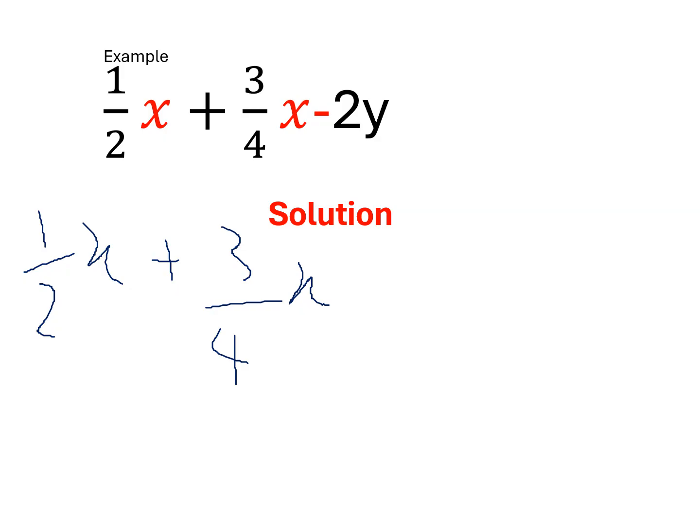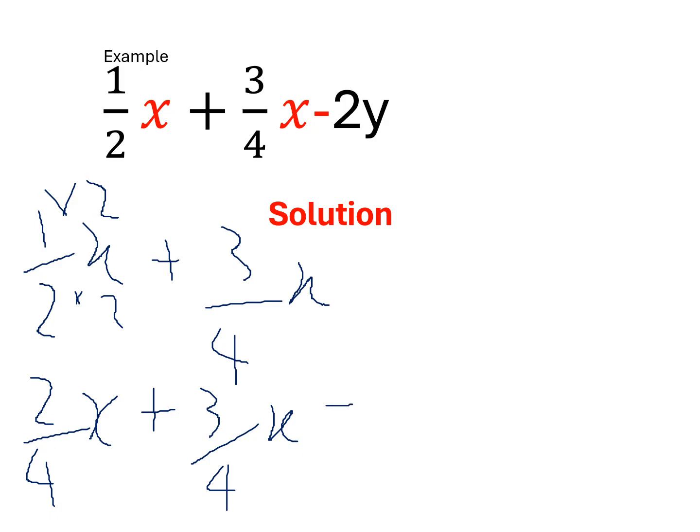In order to do that, I'm going to multiply the bottom and the top of the half x fraction by 2. So 1 times 2 is 2, over 4x, plus 3 over 4x.